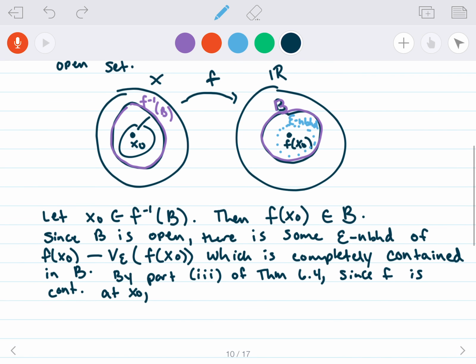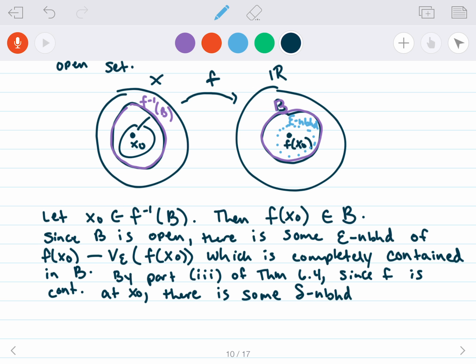Okay, so by Theorem 6.4, since f is continuous at x naught, there is some neighborhood, and this is open, right? When I say neighborhood, I mean open set, delta neighborhood of x naught. This is an open set.